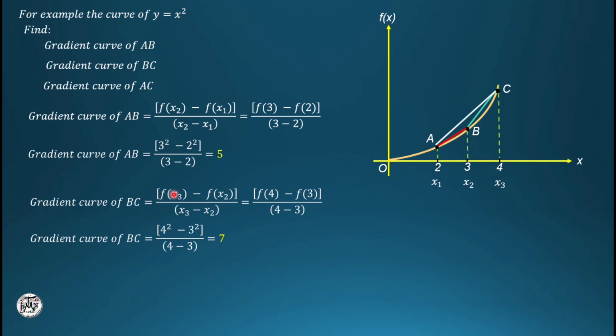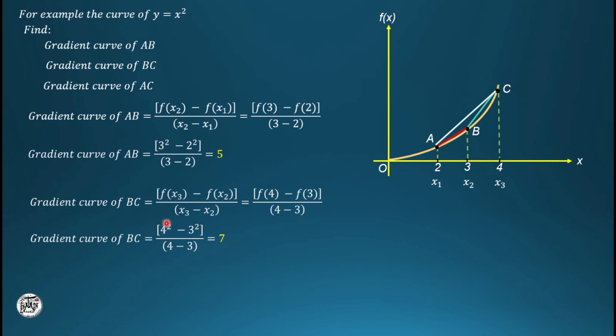Next, the gradient of the curve BC. We change to f of x sub 3 minus f of x sub 2 over x sub 3 minus x sub 2. Substitute the value of 4: f of 4 minus f of 3 over 4 minus 3.